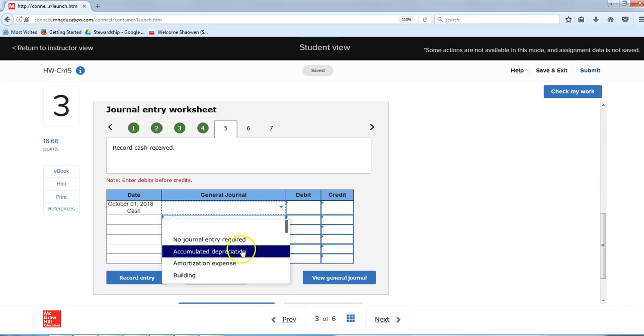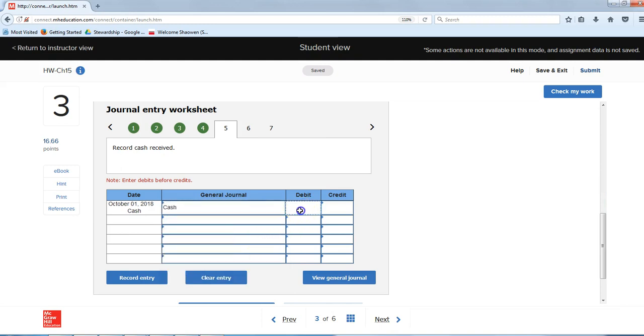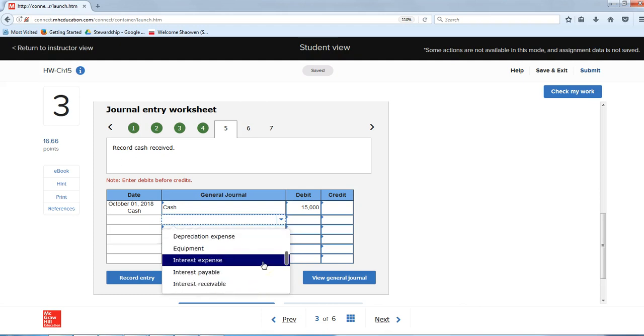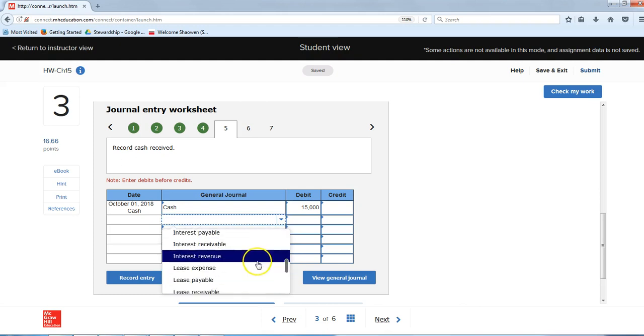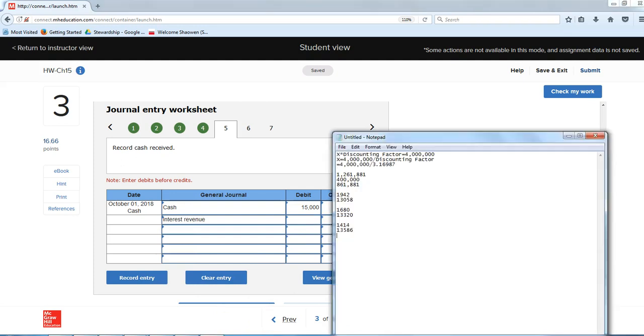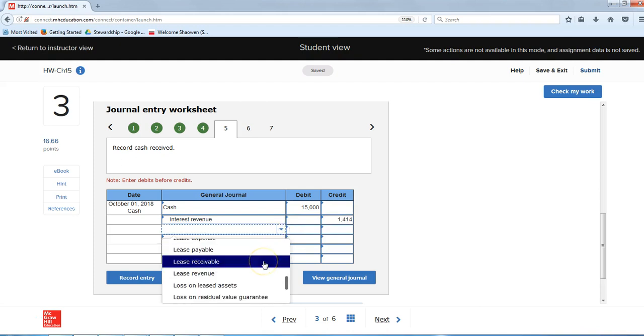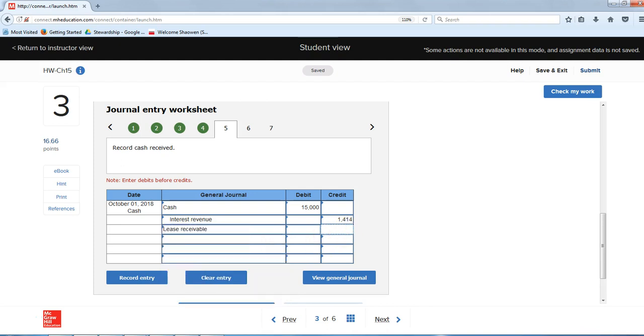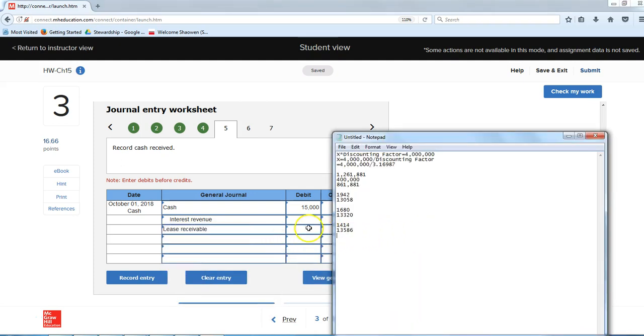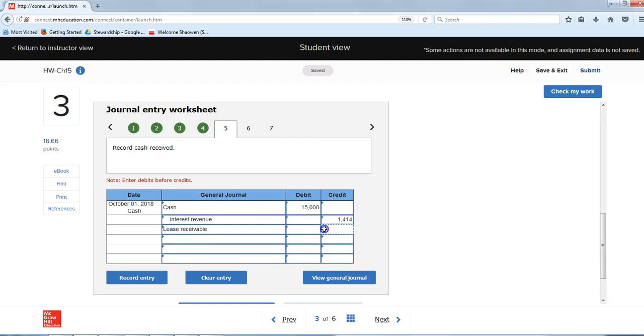So we have cash again, 15,000, and interest revenue and lease receivable. And the lease receivable will be the amount to decrease the balance. So lease receivable here is $13,586.